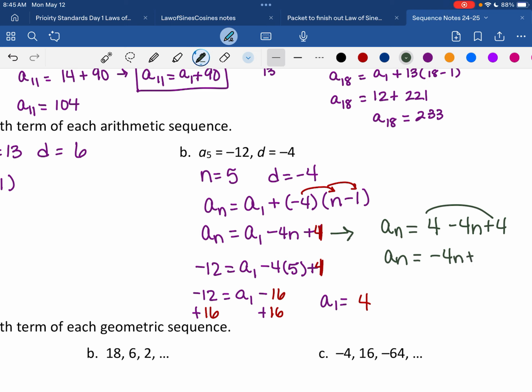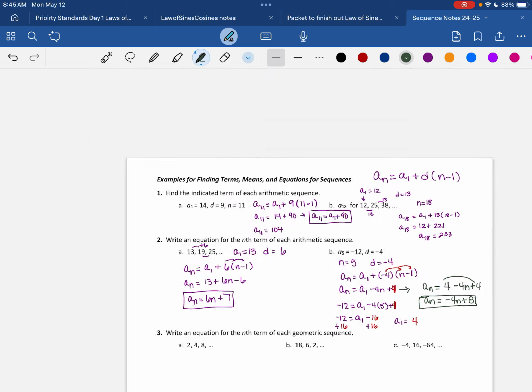And there's my original formula. Oh my gosh. This is what happens when Pomeroy does stuff really late at night. So that's where we're going to stop for this.